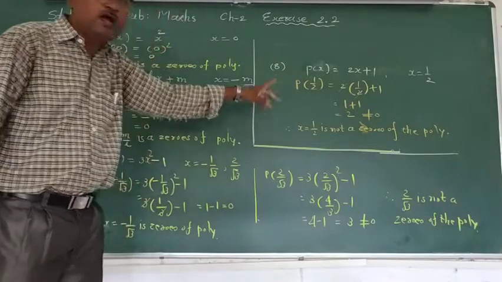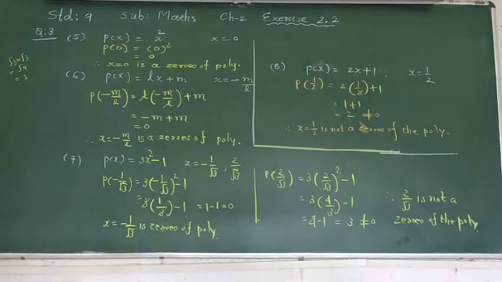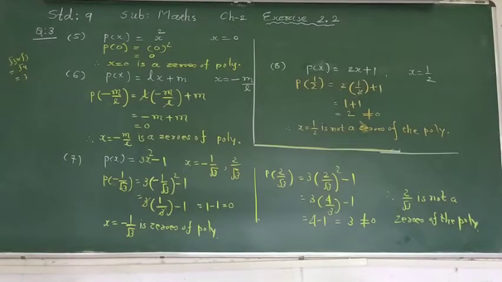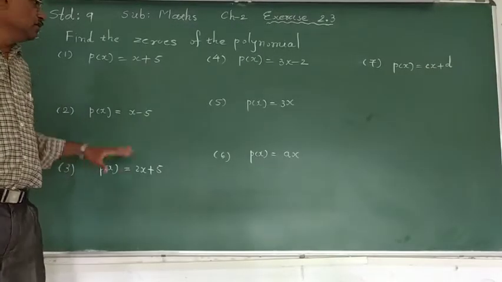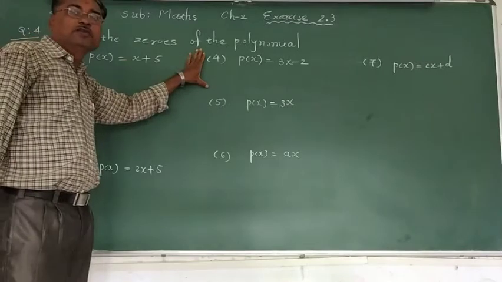Okay. Now write down in your notebook. Now question 4, 2.3. Find the zeros of the polynomial.